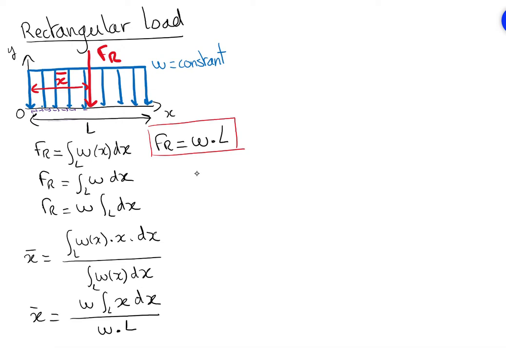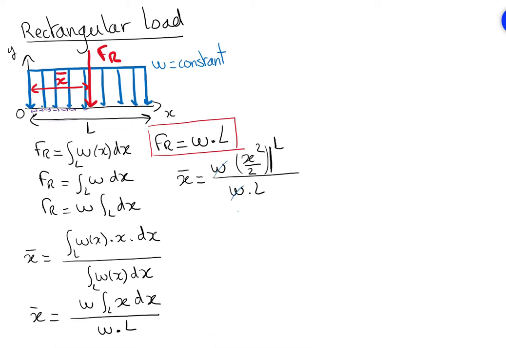Let's keep going with that. So X bar is equal to w divided by w, that is 1, times the integral of x dx. If we take the integration of x, we get x squared divided by 2, on L. And below is w times L. Let's now remove w and w.